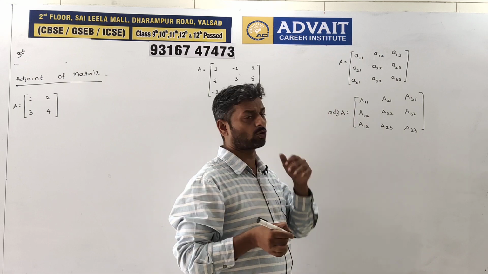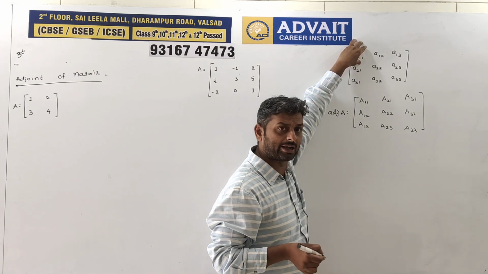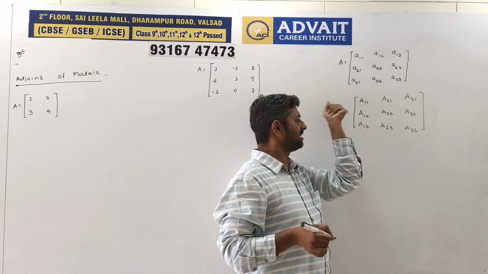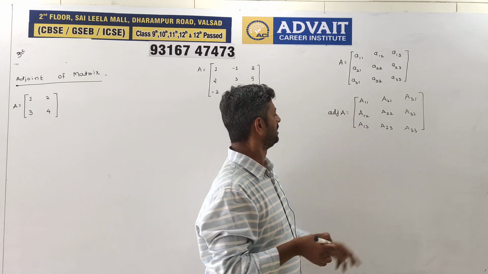This and this are totally different. This is our element of the matrix and this is the cofactor of this element.